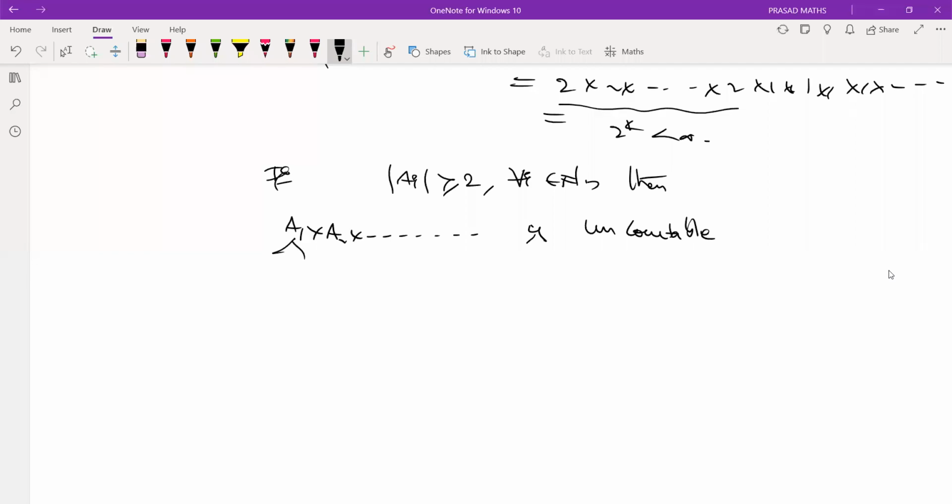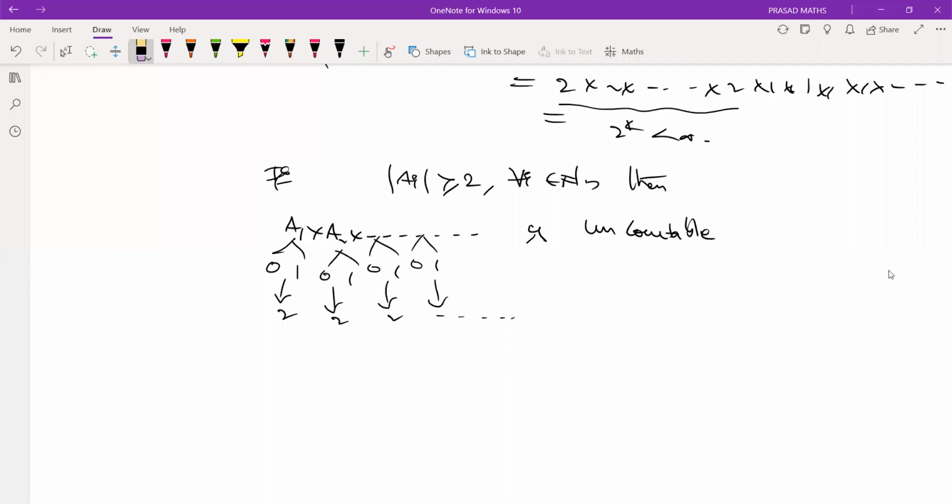Suppose each A is {0, 1}. This can be filled by 0 or 1. So how many choices? 2 choices. Going on, 2 into 2 into 2 into 2, up to how many times? Aleph naught times.